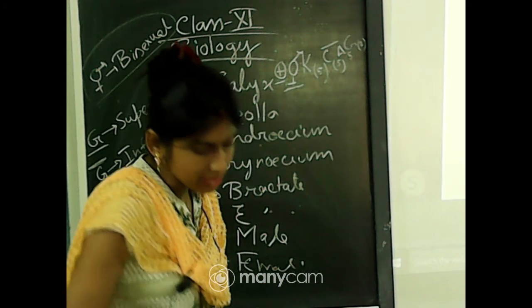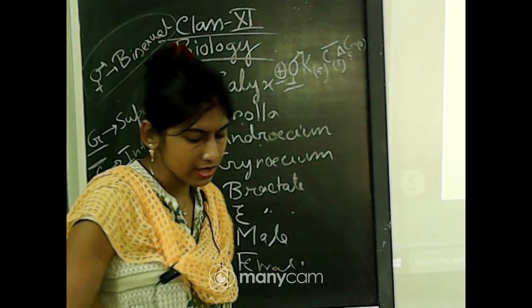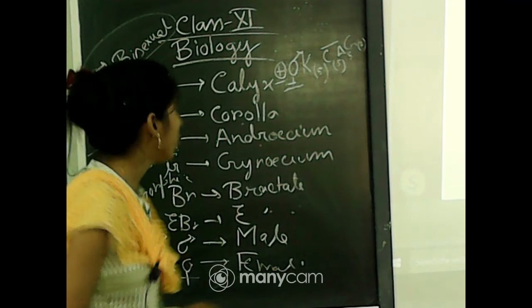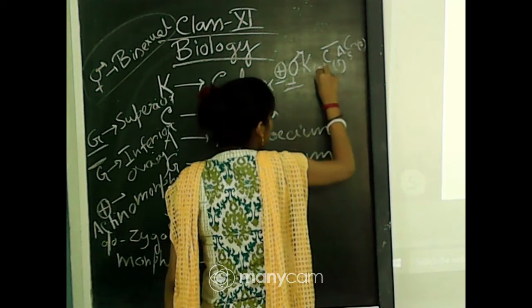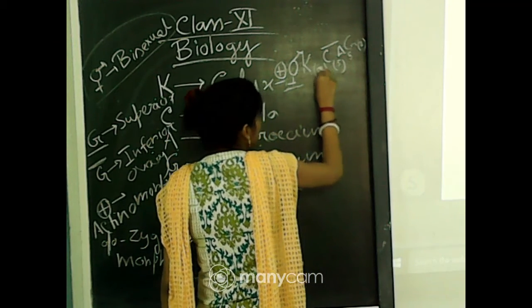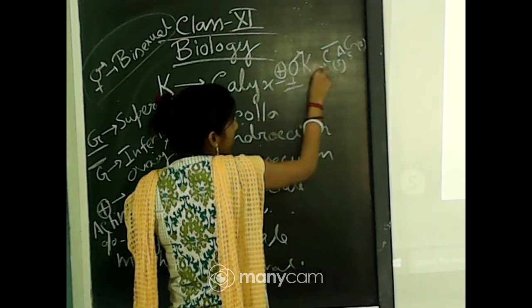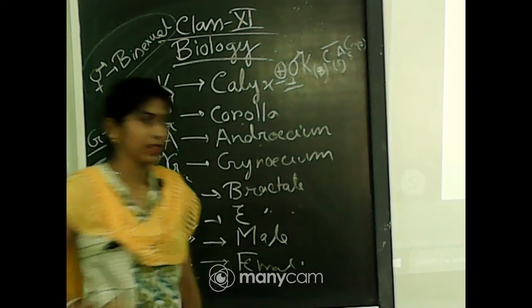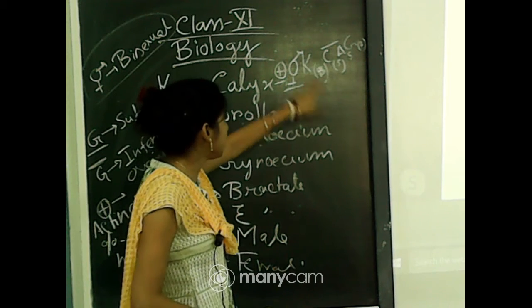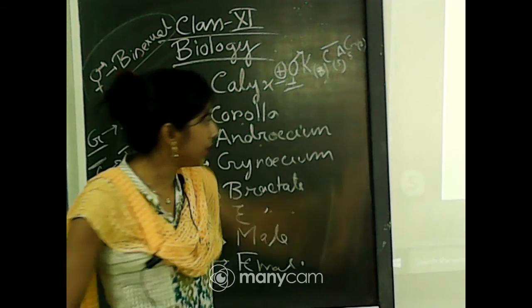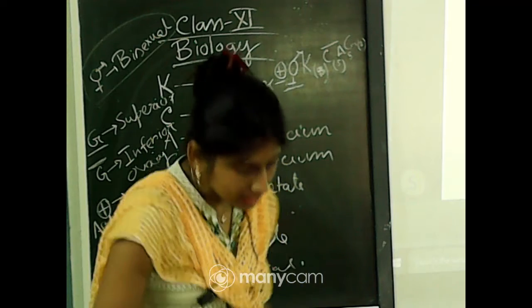Next, if I consider the calyx, the unit of calyx is sepals. Here I have written 5, that means the number of calyx is 5. Here it is written K for calyx and the number is 5. So, what are the sepals?